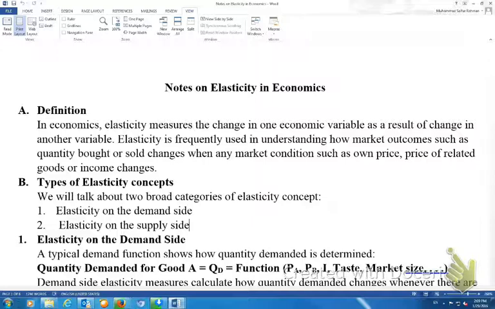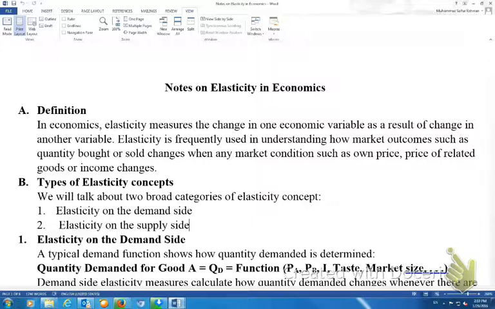Elasticity is frequently used in understanding how market outcomes such as quantity bought or sold change when any market conditions, such as own price, price of related goods, or income, change. In this discussion, we are going to talk about the various kinds of elasticity concepts used in economics.